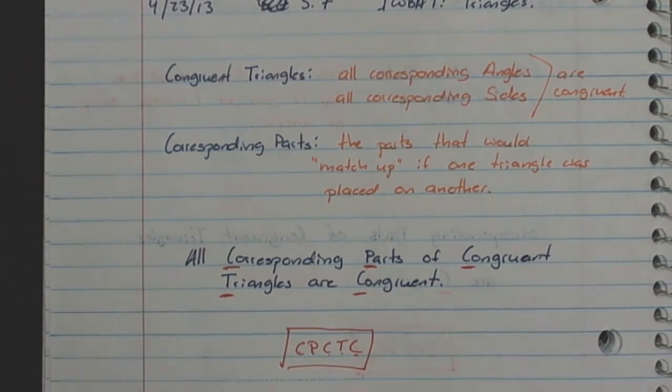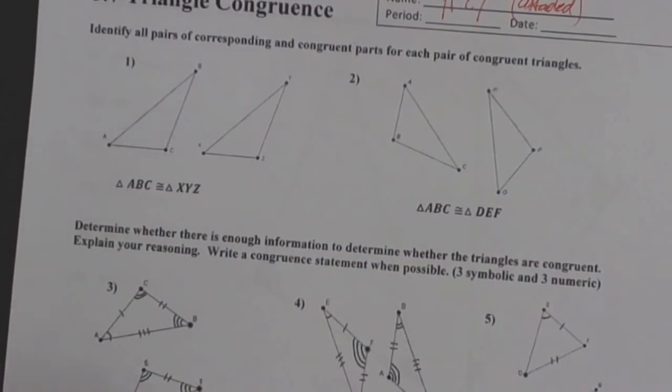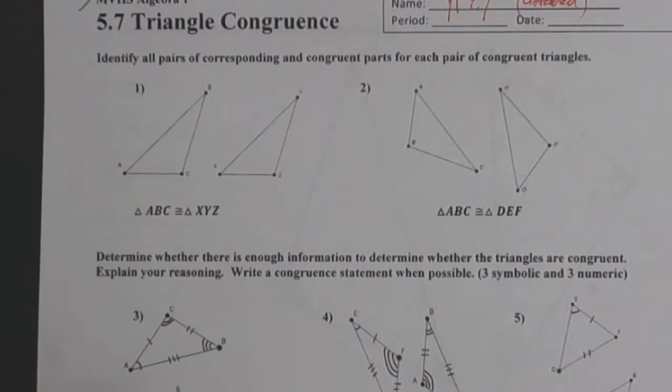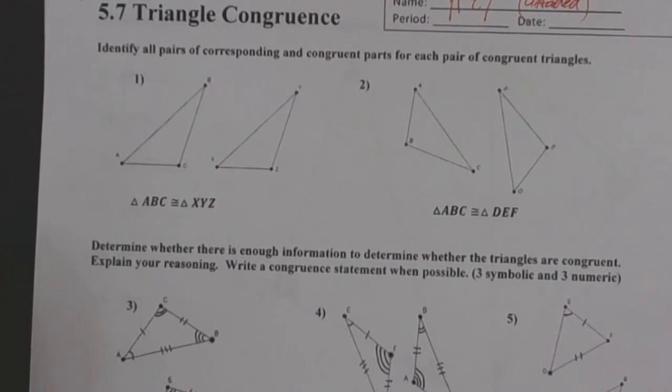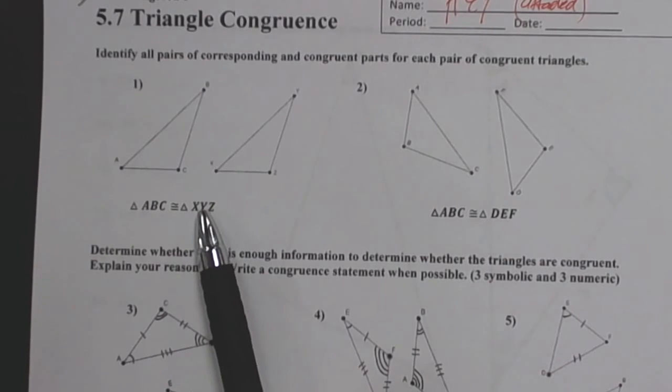Let's look at your homework real quick, or the worksheet. Okay, here's the worksheet that I want you guys to do for the rest of the class and to take home as homework if you don't finish in class. First two problems, I give you two triangles and I tell you they're congruent.